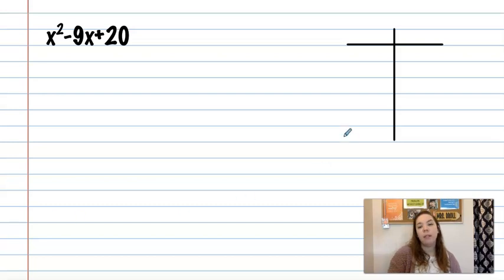So new problem. This time we want factors of positive 20 that add to be negative 9. So 10 and 2 come to mind, but that would add to be 12. That doesn't work. 5 and 4 come to mind, and they add to be positive 9, and we need a negative 9.